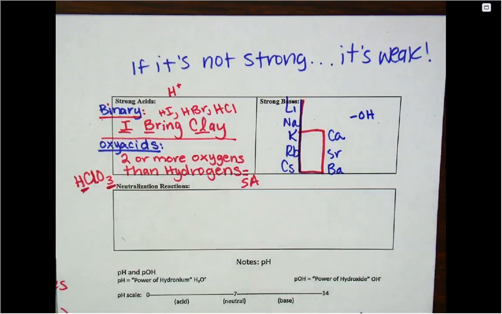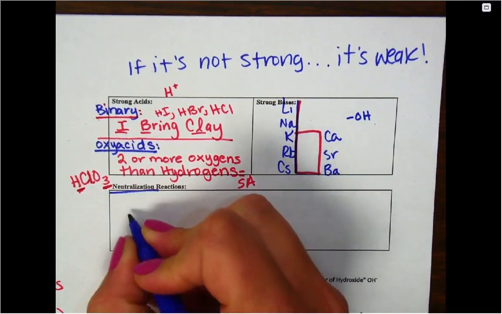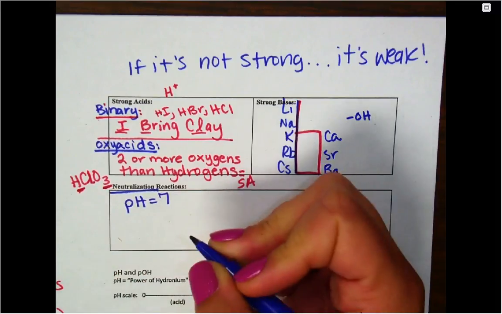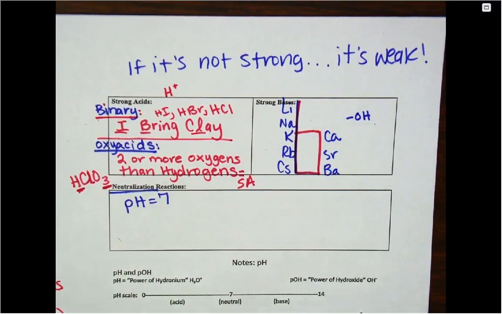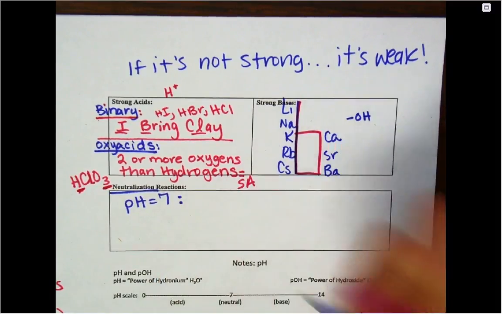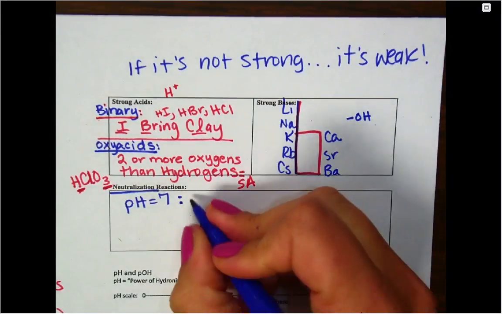Okay, so that was a little review of that part. The last thing that we're going to write, pretty simple, is a neutralization reaction. The goal of a neutralization reaction is that you're trying to get close to a pH of 7 or exactly 7, right? What is the beverage that we can drink that has a pH of 7? Water, okay?